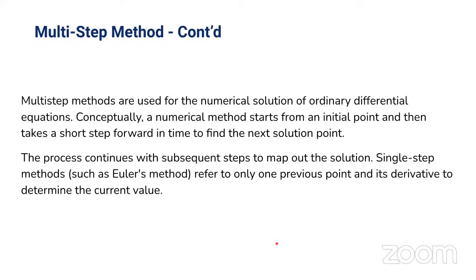We're not going to have only one previous point, we're going to have more than one previous point. And we now solve all these previous points simultaneously in determining our approximate solution for the current value. So Miriam, can you go to the next slide?